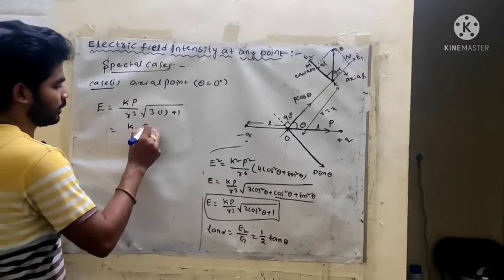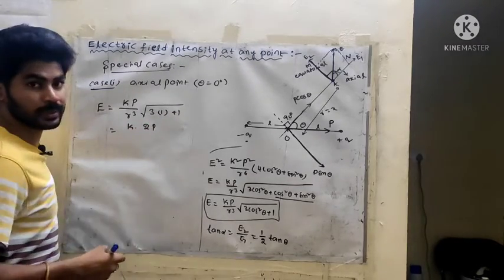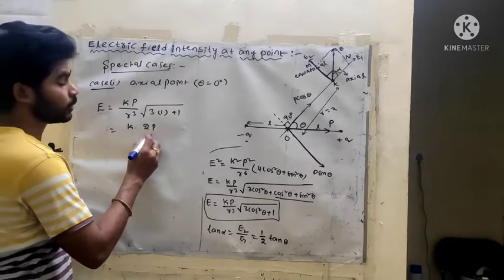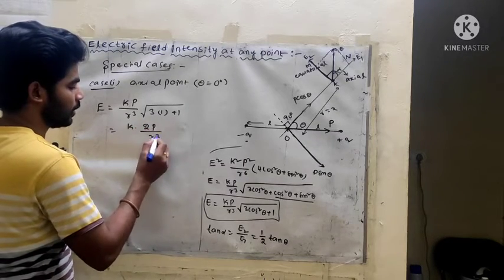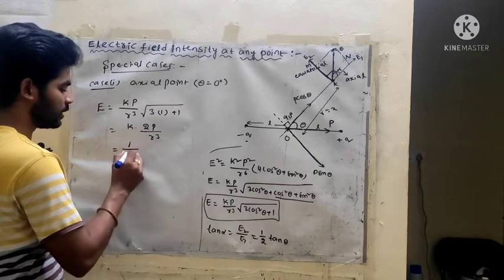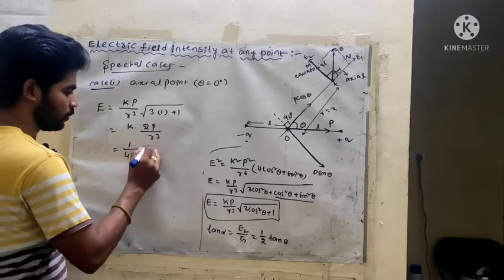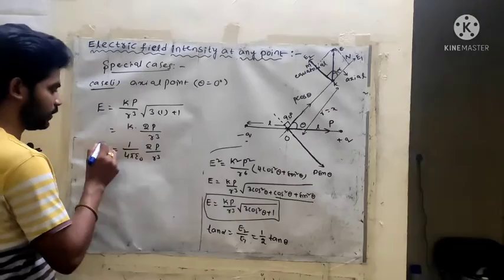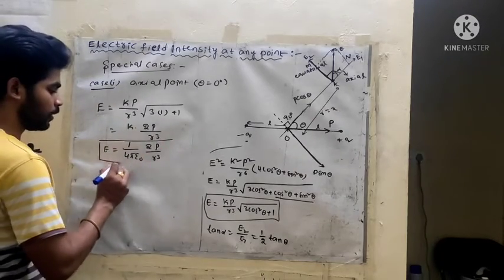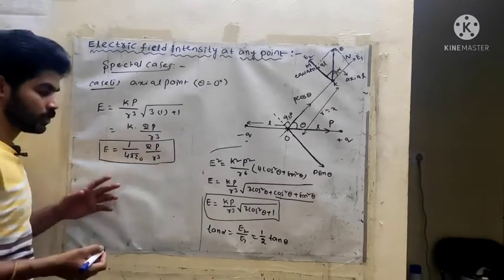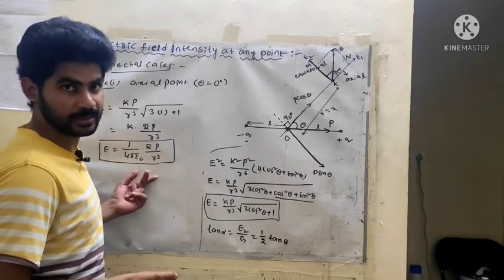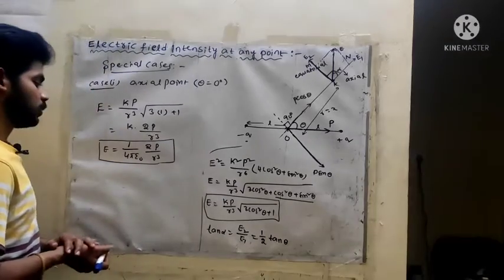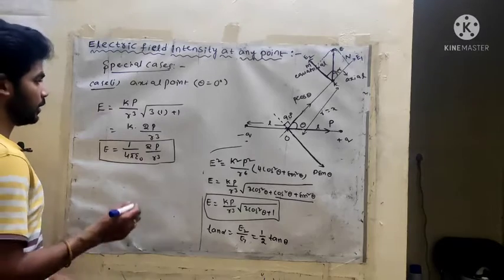Finally k into root of 3 plus 1, root 4, which we can write as 2. So 2p by r cube, and k means 1 by 4 pi epsilon naught. So E is 1 by 4 pi epsilon naught into 2p by r cube. We get it, right? This is for a very short dipole, as we discussed in my previous classes.